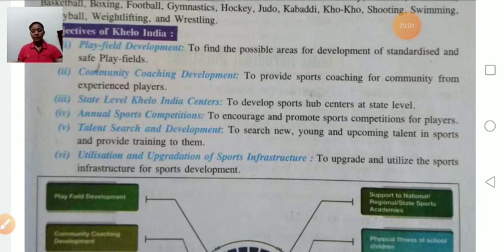Talent search and development: the Khelo India program helps to search for new and upcoming talent in sports, and provide them training, searching the new talent and giving them proper training.